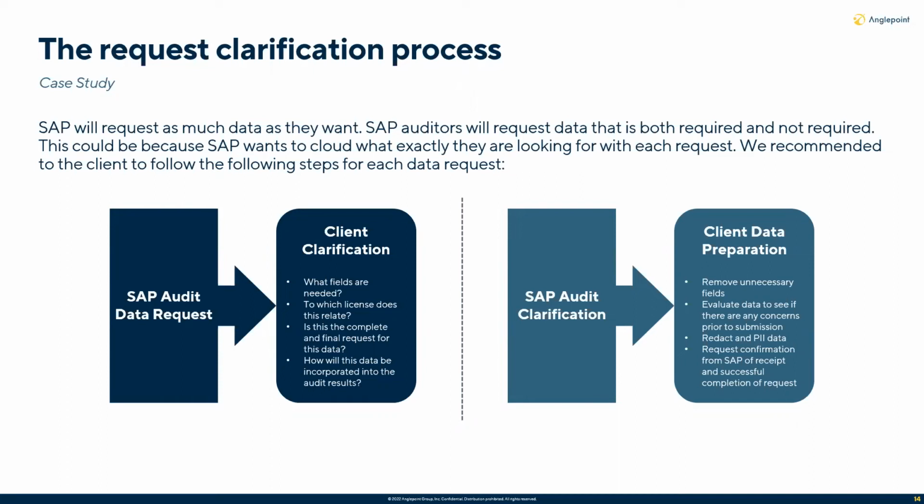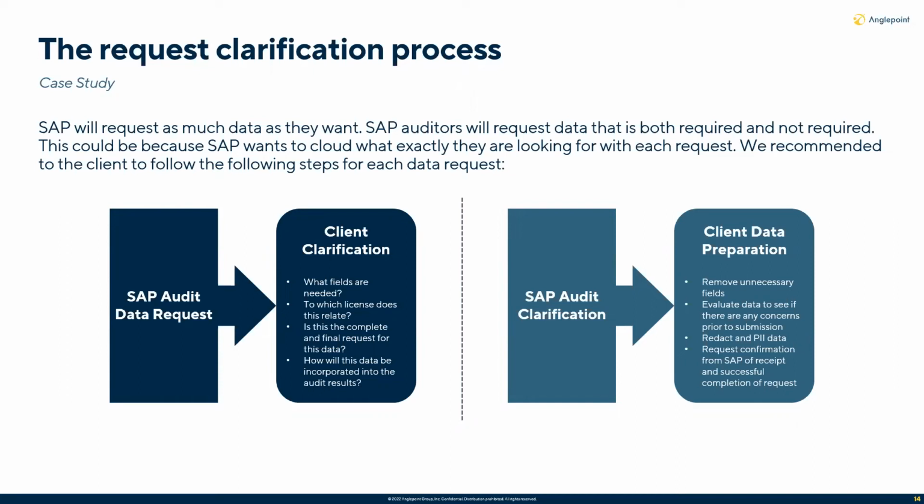Which license does this relate to? And the reason that we went that path is it felt like SAP auditors were suggesting that they had access to every data point within the environment, that if they wanted it, they could get it.